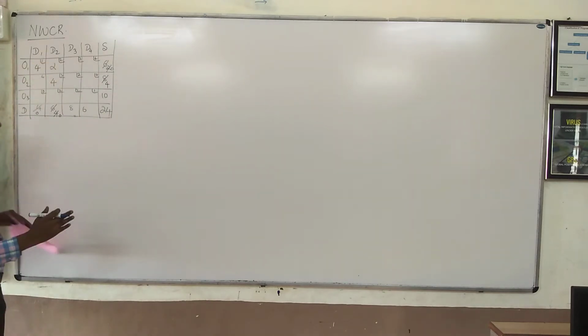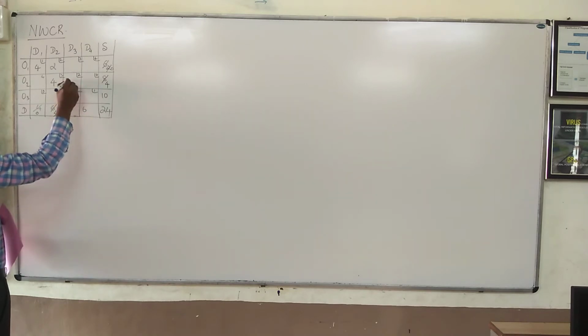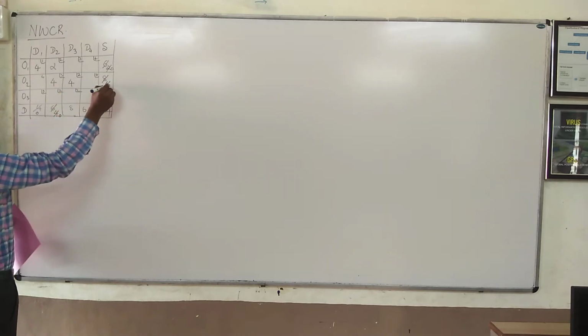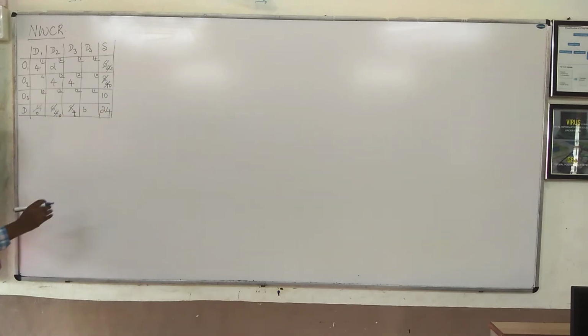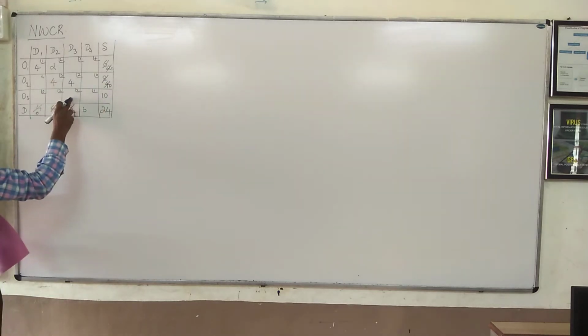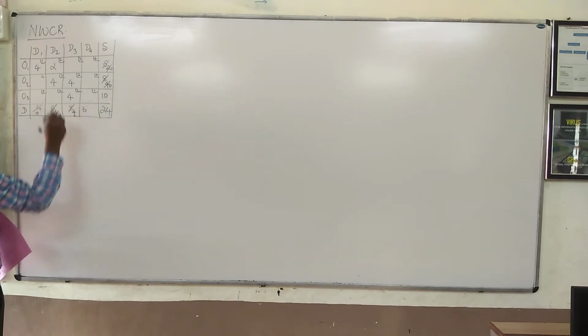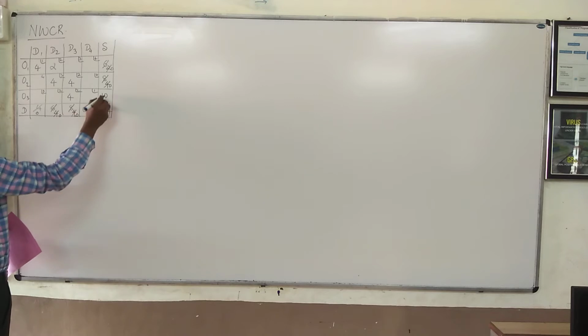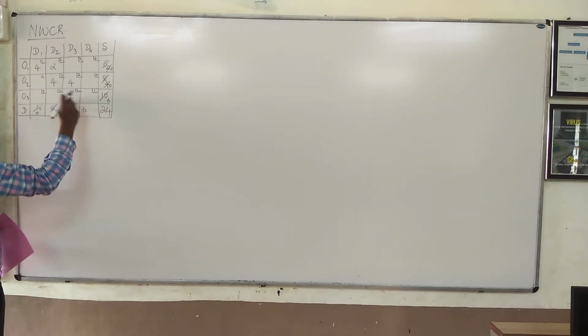Come for the next column. Here it is 4 and 8. Let me write 4 here. So 4 minus 4 is 0, and here it becomes 4. So this row got exhausted. Come for the next row. Here it is 10 and 4. Let me write 4, so it is 0, then it becomes 6. Now come for the next column.